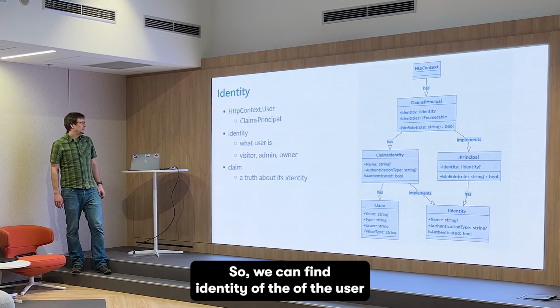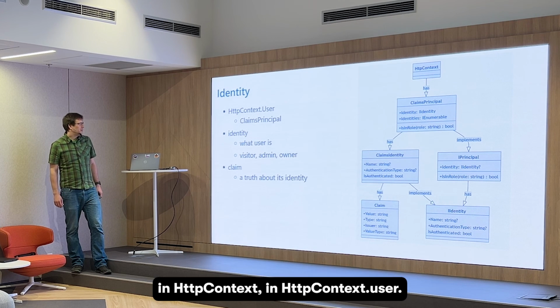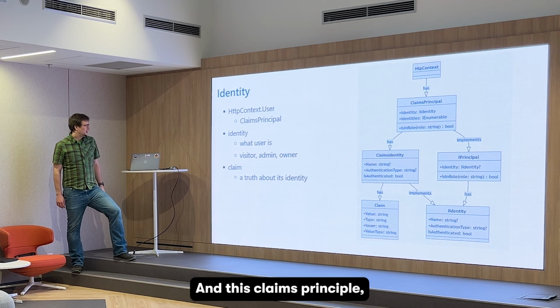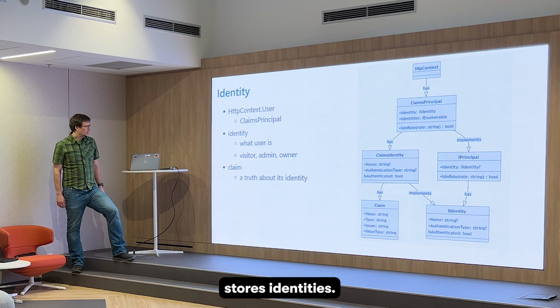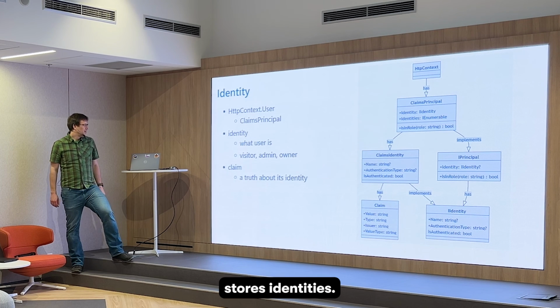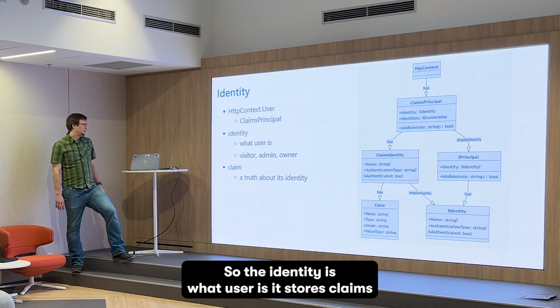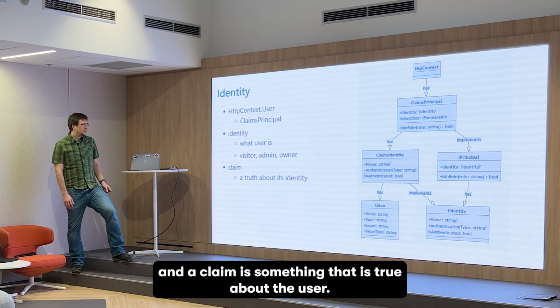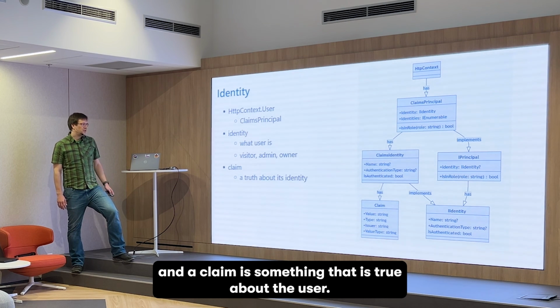We can find the identity of the user in HttpContext.User, and there is something called ClaimsPrincipal, and this claims principal stores identities. The identity is what the user is. It stores claims, and a claim is something that is true about the user.